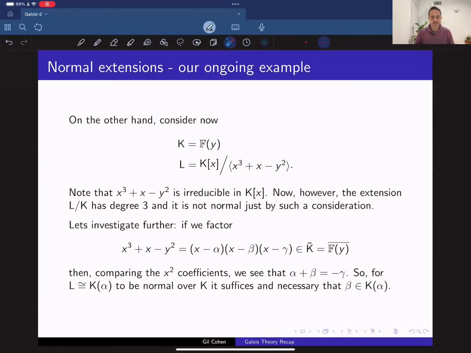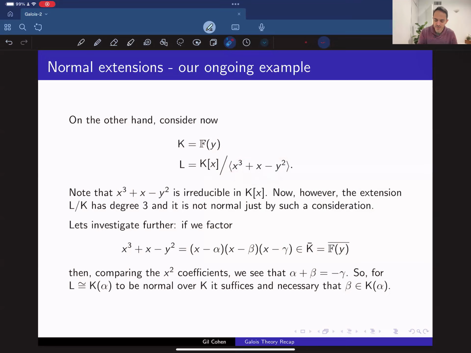The fun part will start now, where we are going to consider things the other way around. So it's the same example, but viewed from a different perspective. So here now, K is going to be F(Y). So we adjoin Y first, and then we adjoin X. So then we define L to be the ring of polynomials over K in X, modding out by this, which again is irreducible over K(X) now.